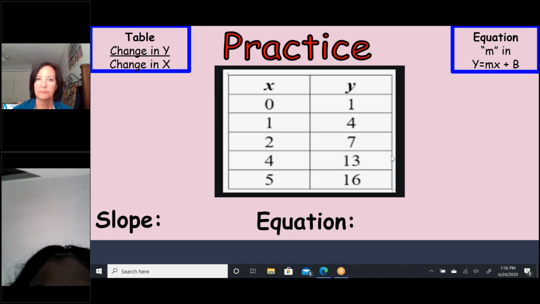Okay, so the change in y is +3, +3, +6, +3. Good girl. You went all the way through. Awesome. Okay. Now go ahead and look at your change in x. You have everything perfect so far.